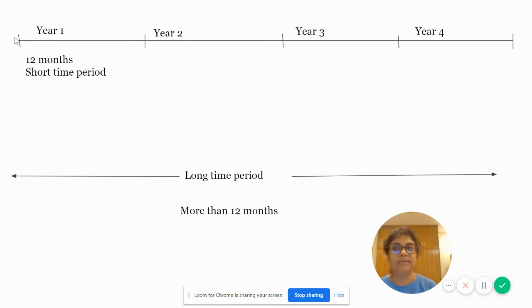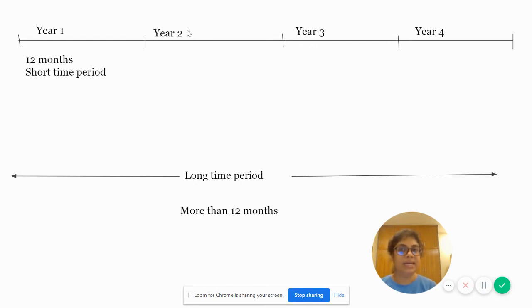Let's say the accounting year starts from 1st January 2018 and goes up to 31st December 2018. One accounting period will finish, and 12 months will have lapsed, and this 12 months will be known as a short time period in businesses.